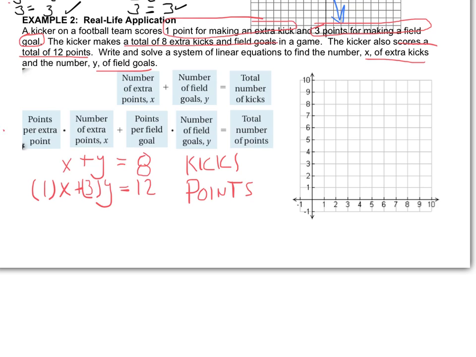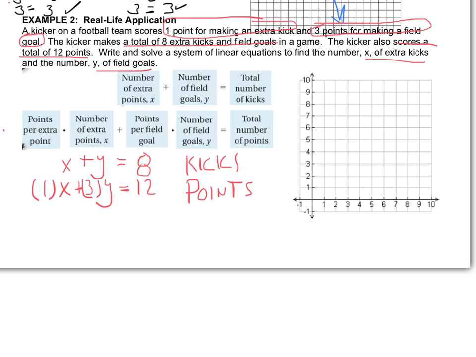So when I look at the second equation, 1 point per kick times the number of kicks would tell us how many points we got, and 3 points per kick times the number of field goals would tell us how many points we got. And that's where that 12 comes in.